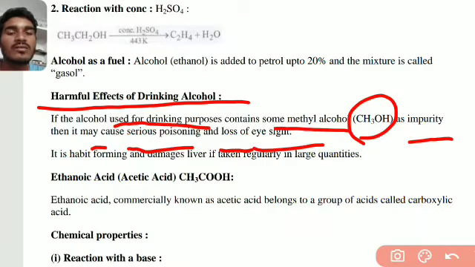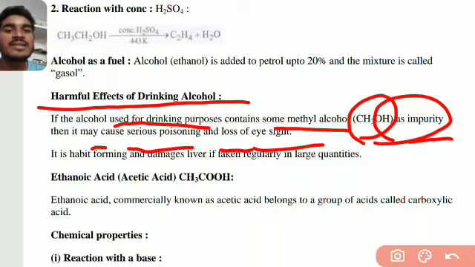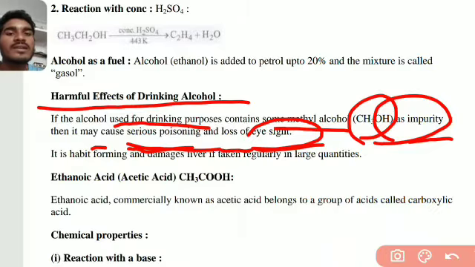Okay, it is habit forming and damages the liver if taken regularly in large quantities.